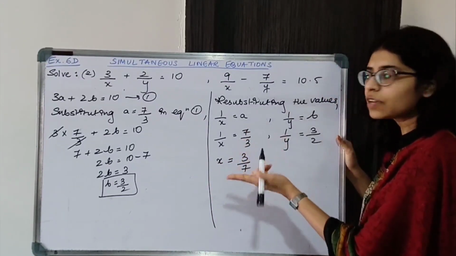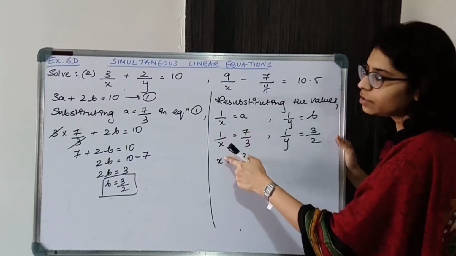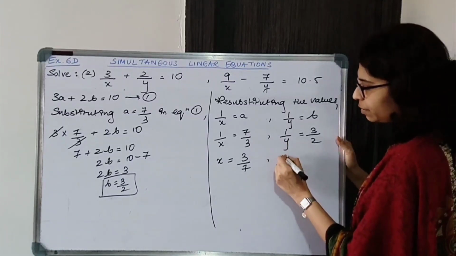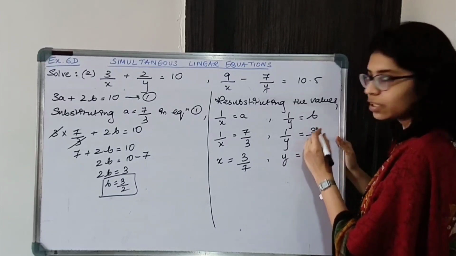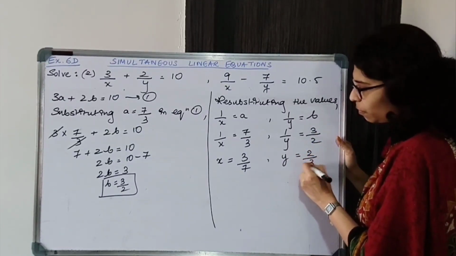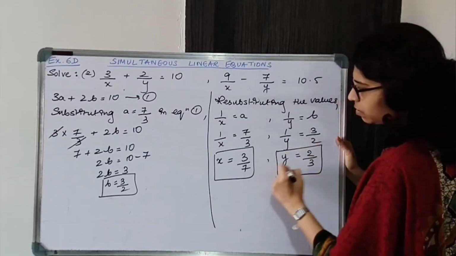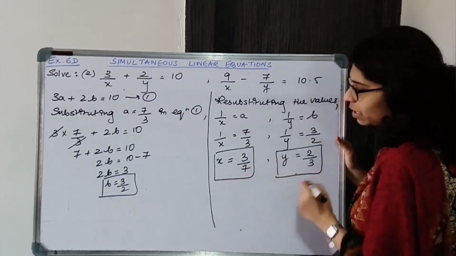You just have to interchange numerator and denominator. The numerator goes to the denominator, the denominator goes to the numerator. And same thing over here. Over here also 1 upon y, so y upon 1, that is y, is equal to 3 upon 2, instead becomes 2 upon 3. So we found the value. Okay, now box the answer.